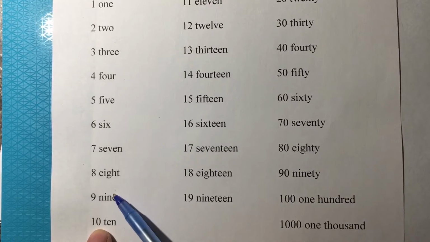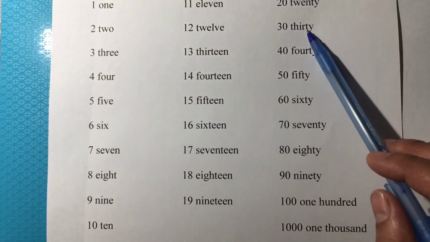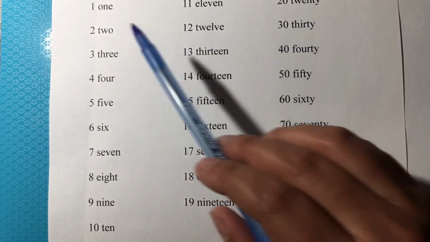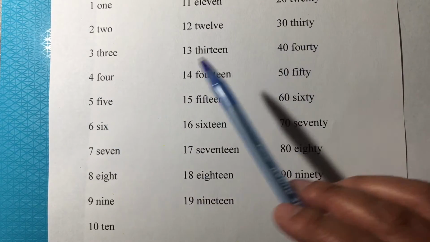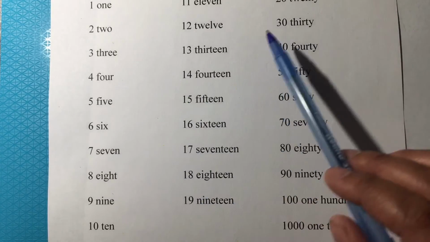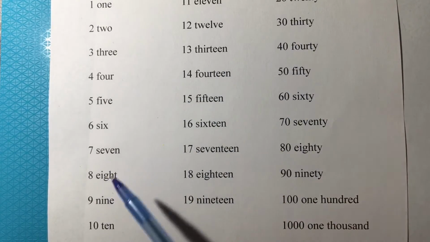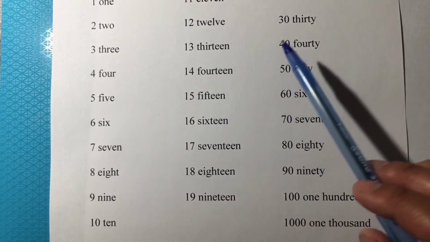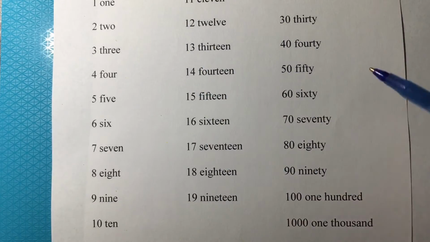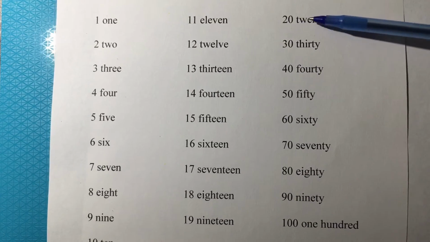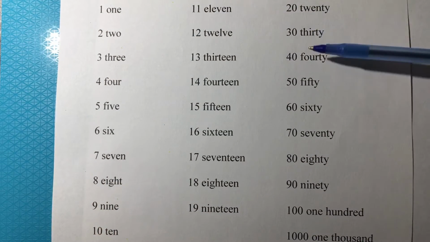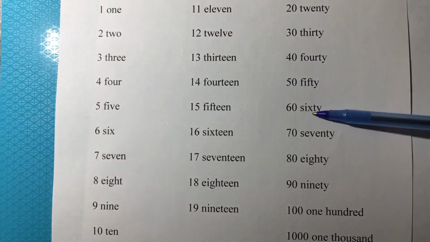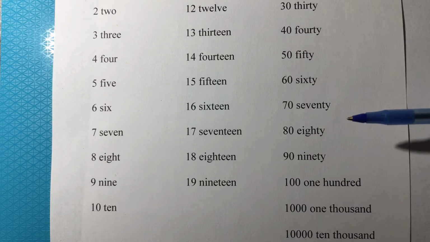Instead of counting 10, we say 30, 31, up to 39, and then we go to 40 and do the same thing. So you do the same thing for every 10. So 20 with 1 through 9, 30, 40, 50, 60, 70.